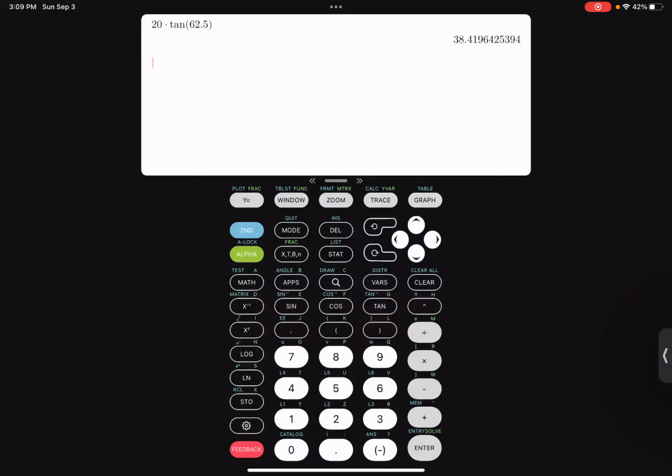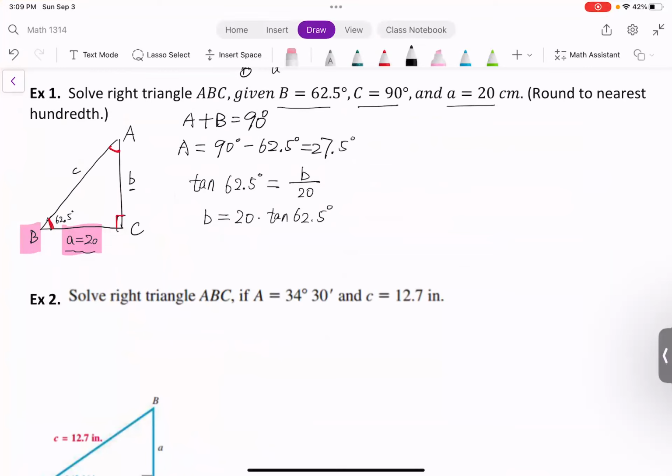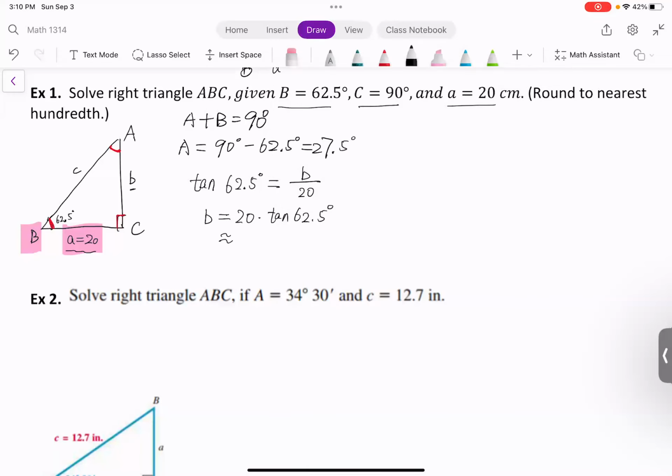That is the measure of angle what? Oh, not the angle. That is the length of b. So b is about 38.4196 something.